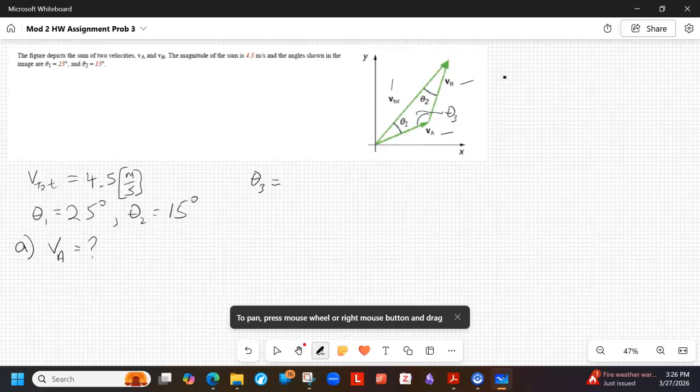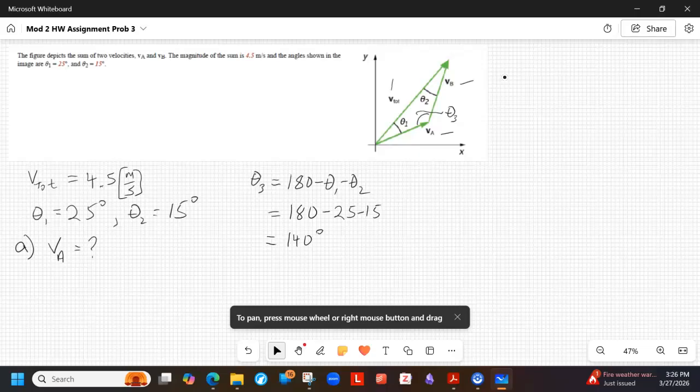Therefore theta 3 will be 180 minus theta 1 minus theta 2, so that will be 180 minus 25 minus 15, which gives us 140 degrees.